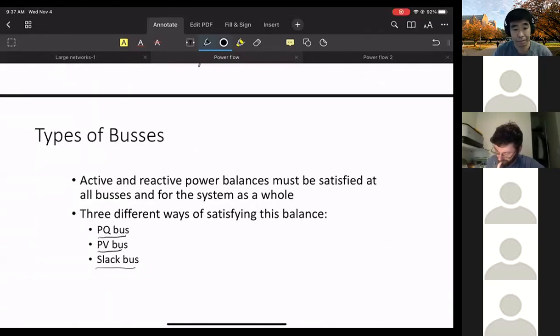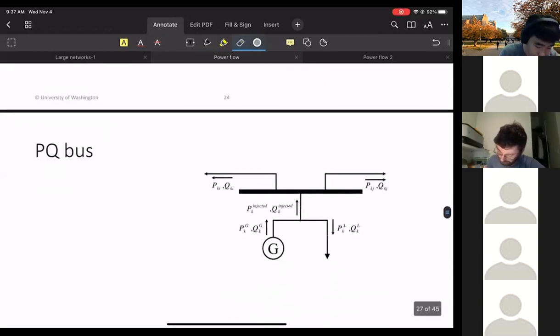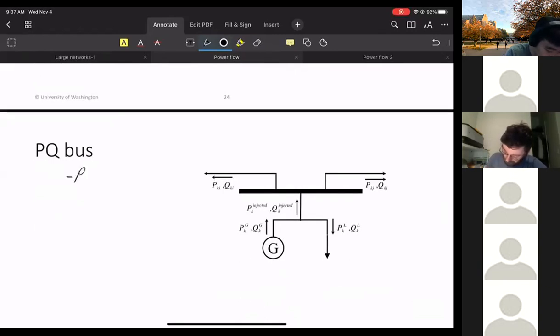So let's look at, for example, the PQ bus. What is given? Well, by its name, the P injection and Q injection are given.